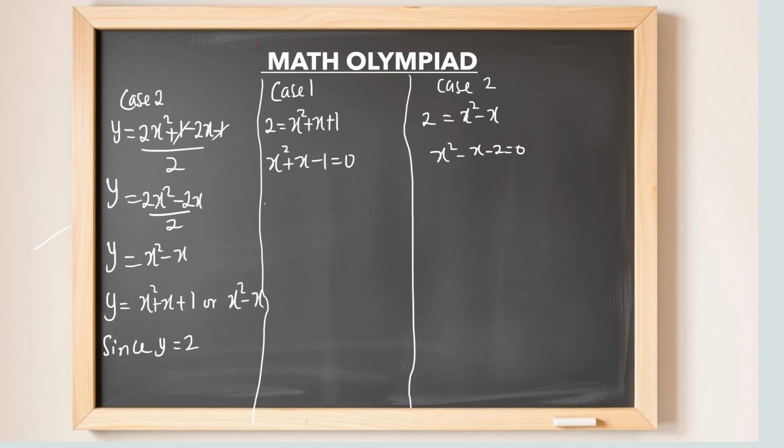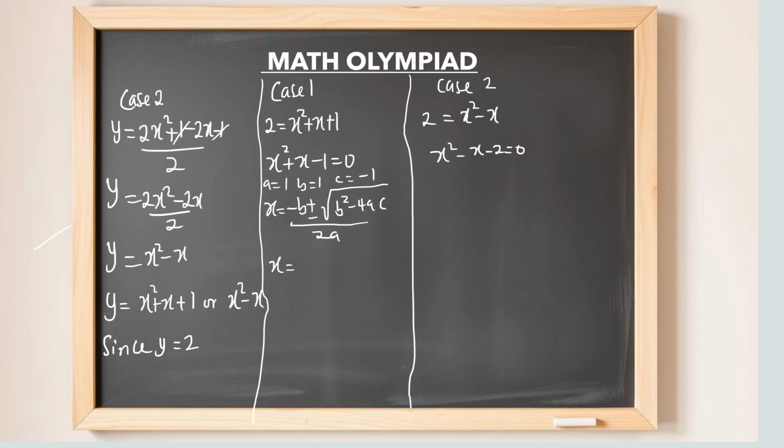Using the quadratic formula, x equals minus b plus or minus root b squared minus 4ac, over 2a. Here a equals 1, b is 1, and c is negative 1.